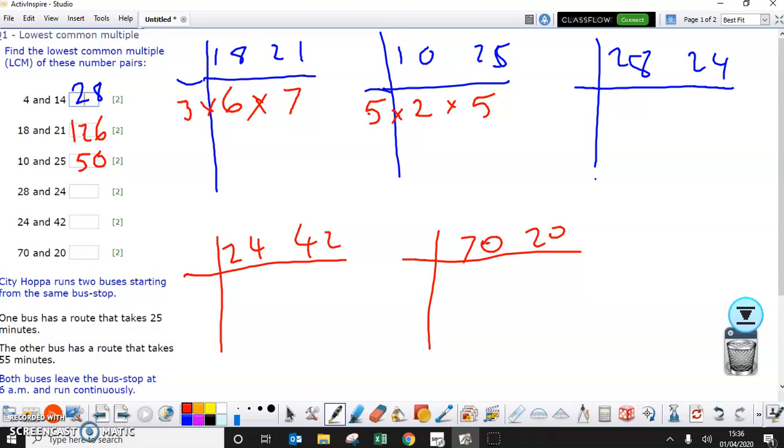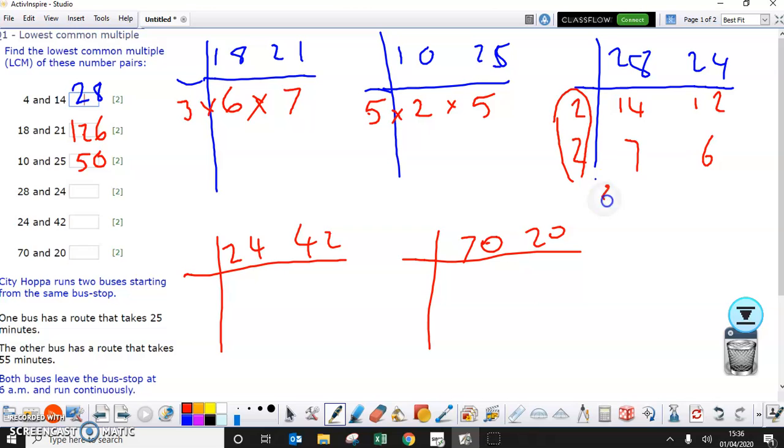Now this one, I could think that 2 goes into it, 4 goes into it. So let's say I'm going to take 2 out. That's going to give me 14 and 12. I could take another 2 out of it, which is going to give me 2 times 7 is 14, and 2 times 6 is 12. 6 and 7, I can't do anything more with, so I'm finished.